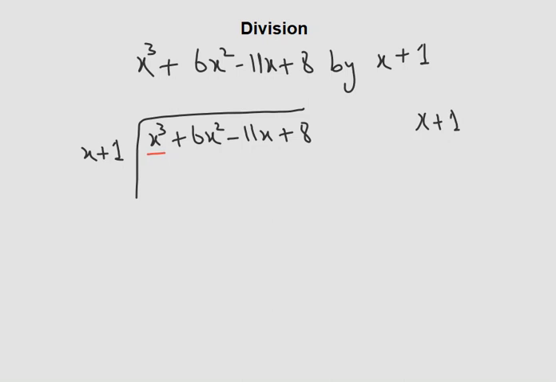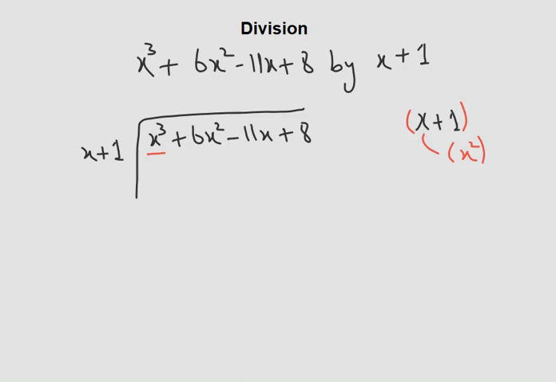So we have to multiply x plus 1 with another term so that we get x cube. So we will multiply it with x square. Remember, this whole term, x plus 1, will be multiplied with x square, not just x.